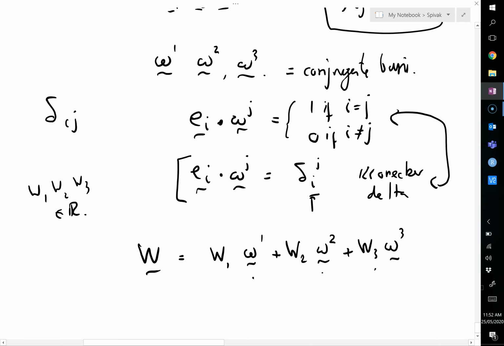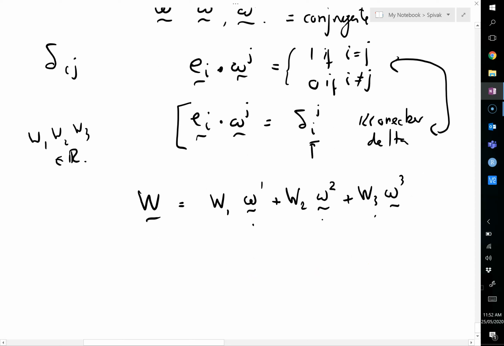three directions here. So if I want to take a product of w with itself, w dot w, I'll write it out.